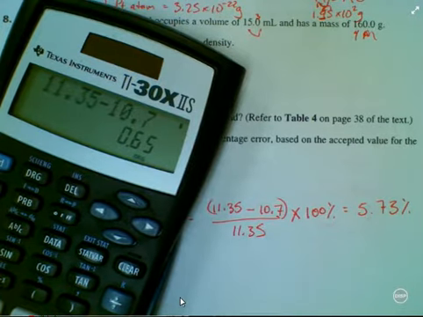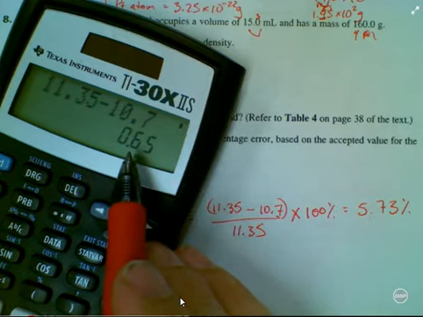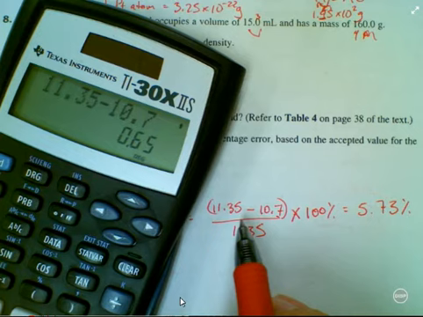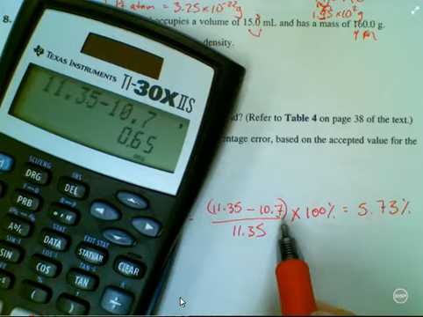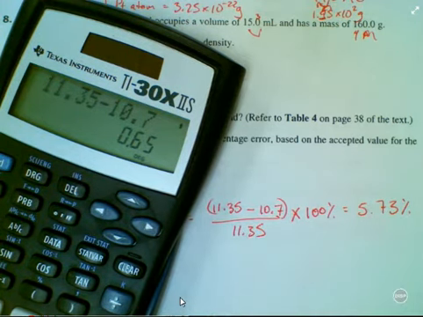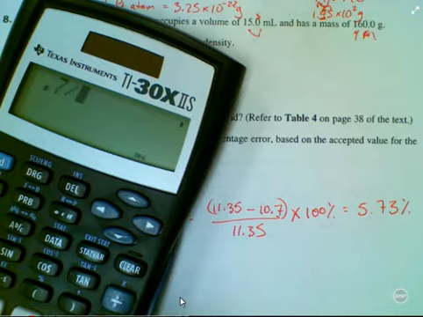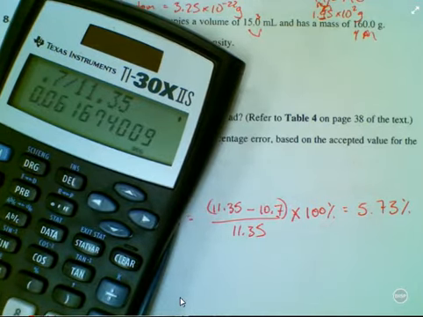Now, you guys see that this value can only have one place past the decimal, right? Because I'm doing addition and subtraction. So I'm going to round that up to 0.7. So 0.7 divided by 11.35.